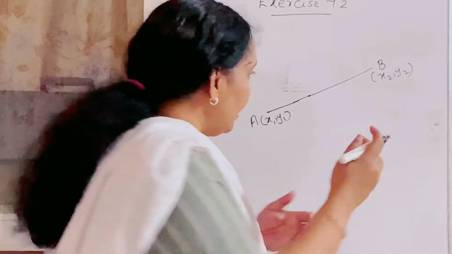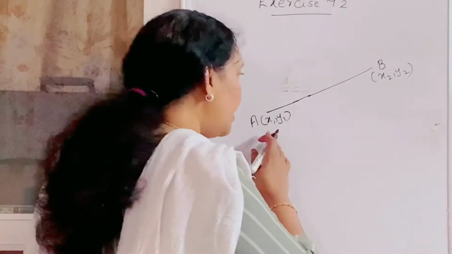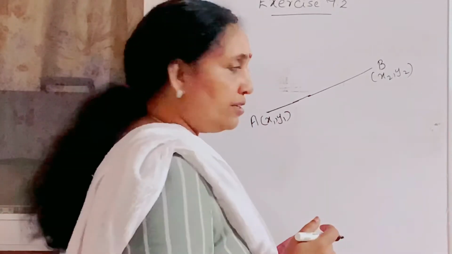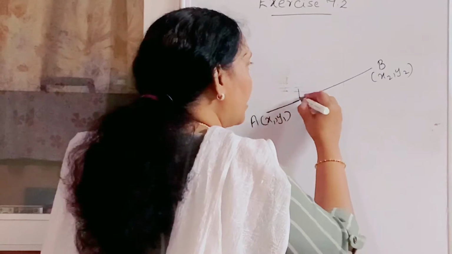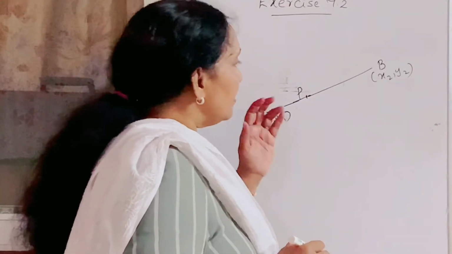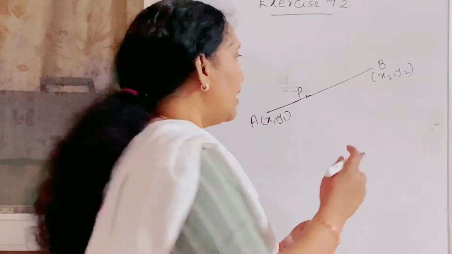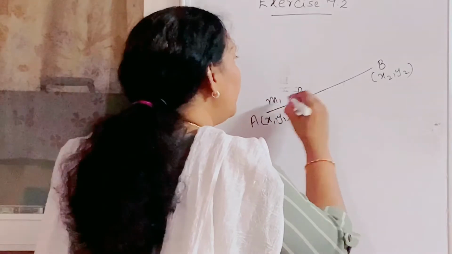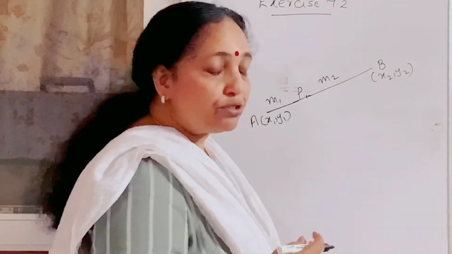Look here. Here we have a line segment AB, and the coordinates of A and B are given to you. If a point P lies on AB, then the point P divides the line segment in a ratio. Take that ratio as M1 and M2.